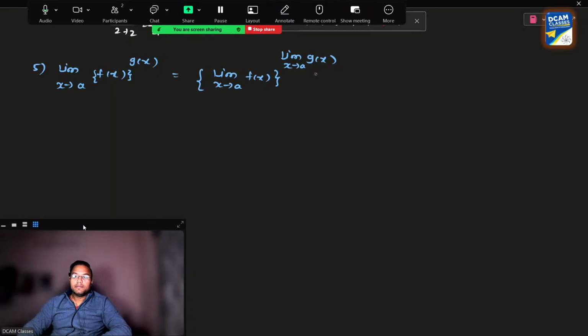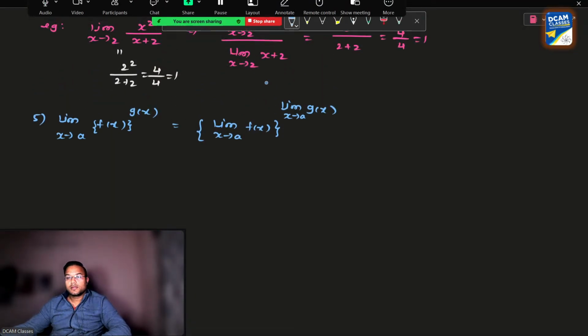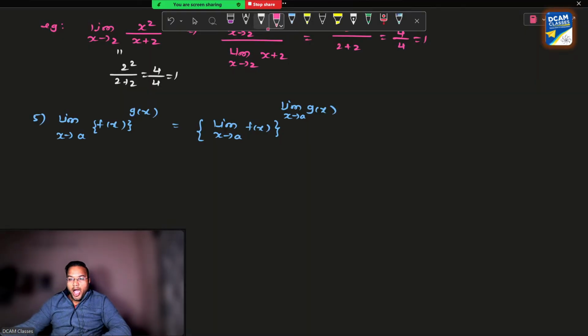You want one example? Yes, sir. You see, limit x tending to 2 of x power x plus 2. If we apply it normally, it will become 2 power 2 plus 2, it is 2 power 4.